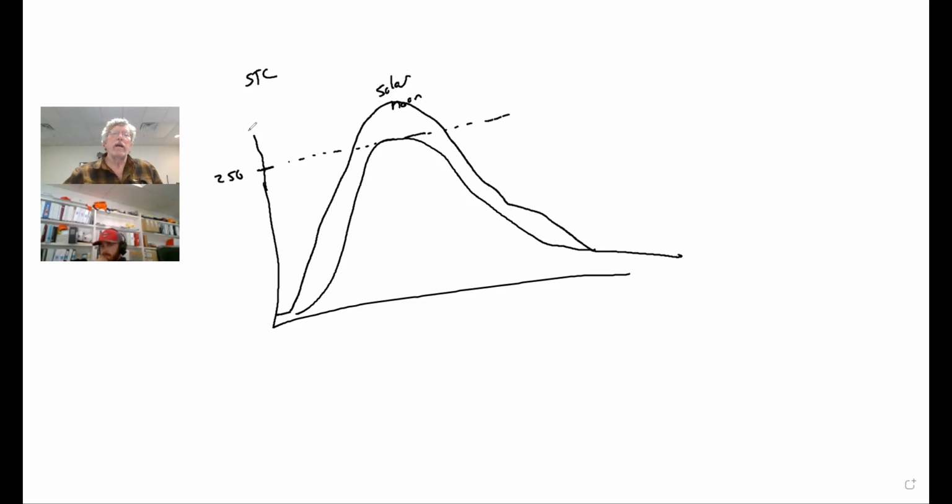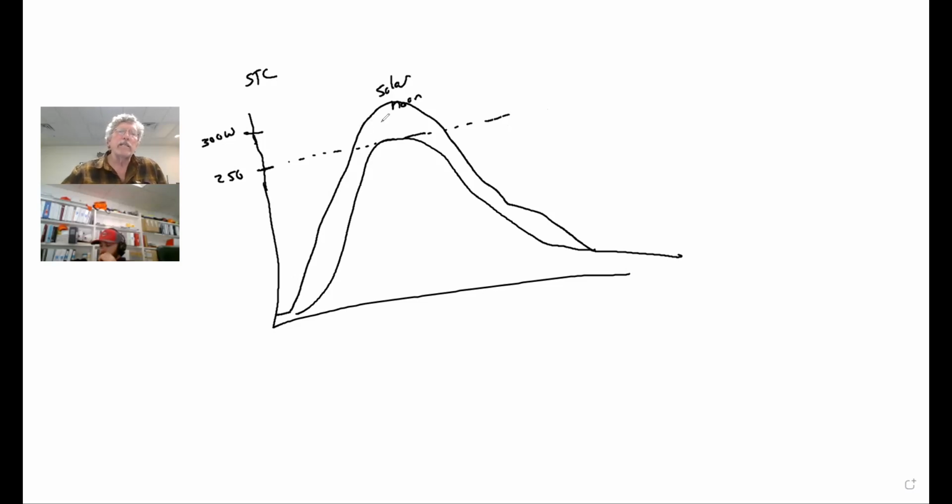And this would be the 300 watt. So what's going on here on a standard test condition day? Bear in mind, most days this panel, even though it's 300 watts, will never produce above 250 watts. So you'll capture all of the power being produced with either panel on most days.